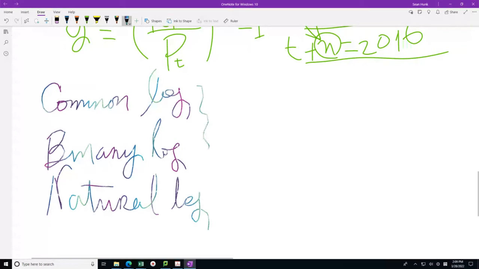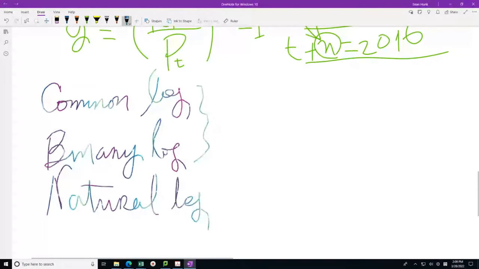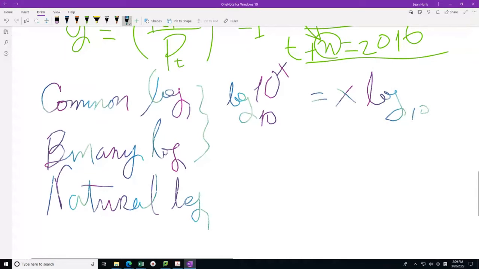And I told you, these two have limitations. Common log uses 10 as the base, right? So any number that is some power of 10, we can turn it into a log.